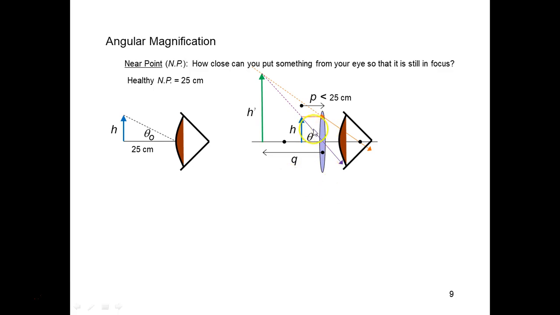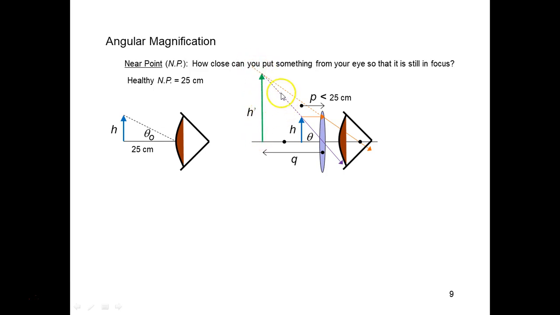So when I view this through the magnifying glass, to use it properly, I'm going to put it less than 25 centimeters, usually much less, from the lens. So my p is going to be much less than 25 centimeters. I'll form a virtual image with that lens, and with my eye right next to the lens, we'll assume I'm looking at that virtual image.